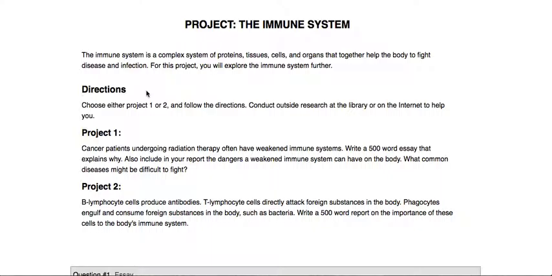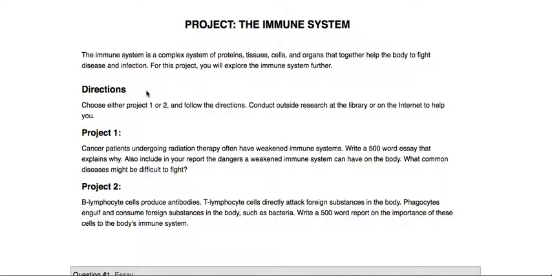In Project 1, cancer patients undergoing radiation therapy essentially have weakened or compromised immune systems. The goal is for you to write an essay that explains why those patients have weakened immune systems. What you're discussing are cancer patients who undergo radiation or chemotherapy, or sometimes both.